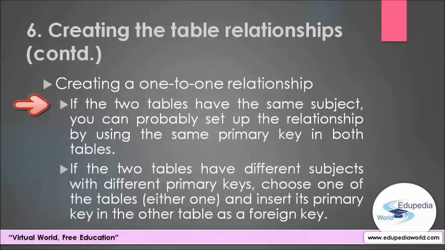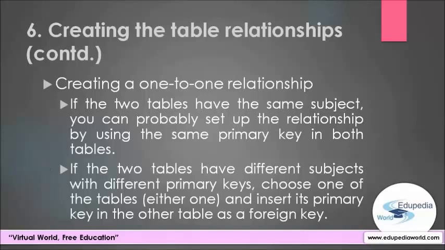If the two tables have the same subject, you can probably set up the relationship by using the same primary key in both tables. If the two tables have different subjects with different primary keys, choose one of the tables and insert its primary key in the other table as a foreign key.